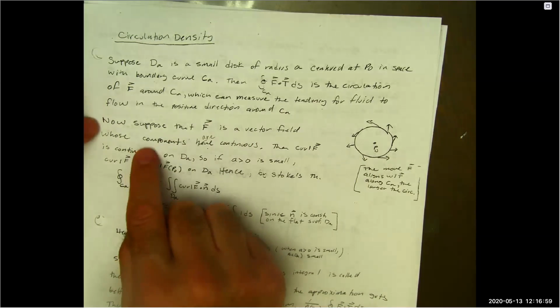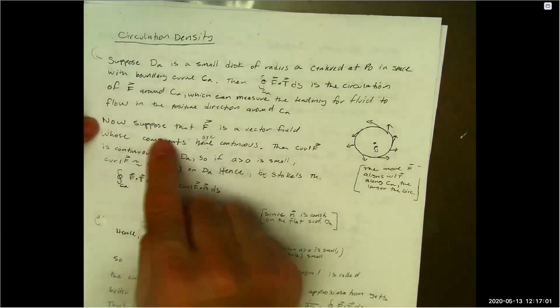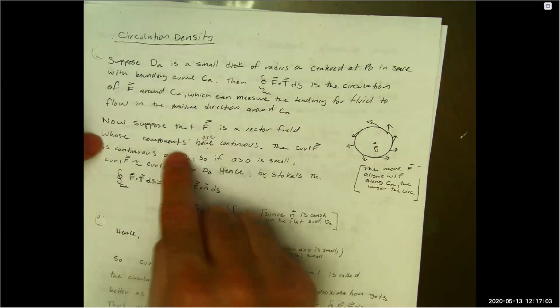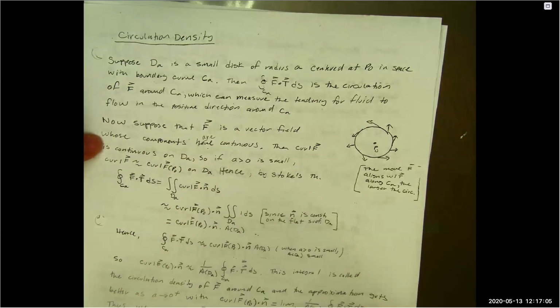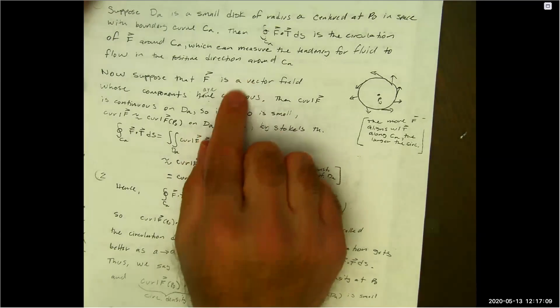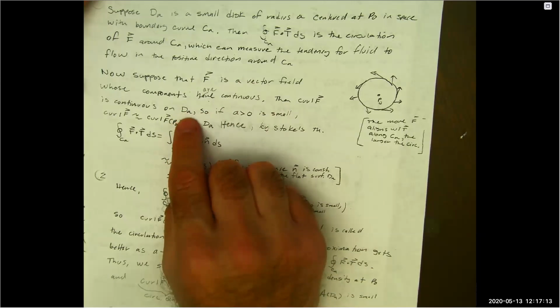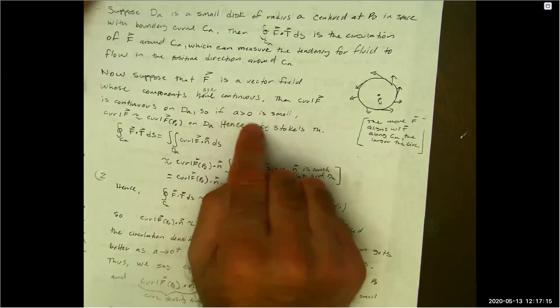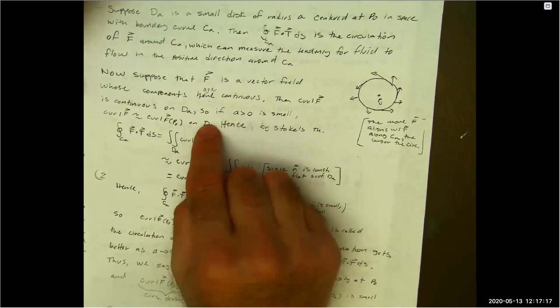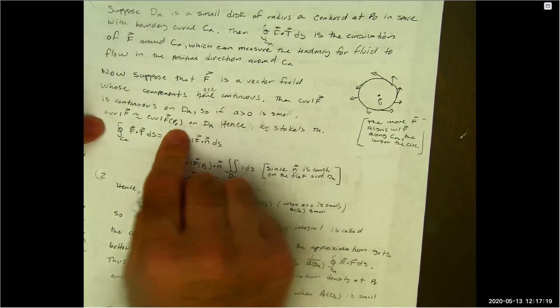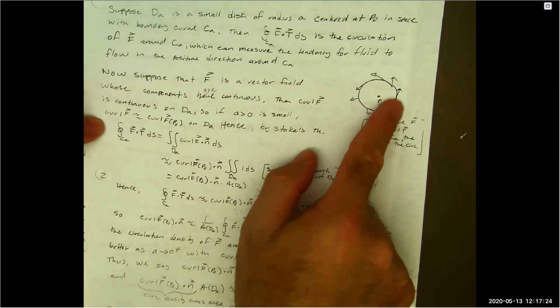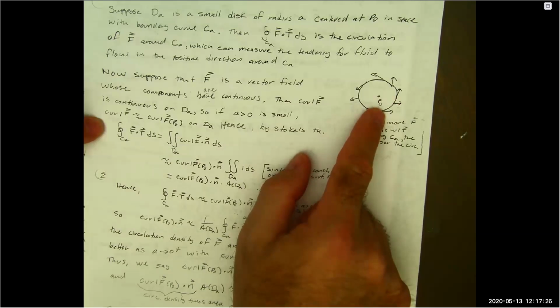All right, so now suppose that F is a vector field whose components are continuous. Then the curl of F is continuous on D_a. And so if a is greater than 0 and small, the curl of F is going to be approximately equal to the curl of F at P_0, where P_0 is the center of that disk.